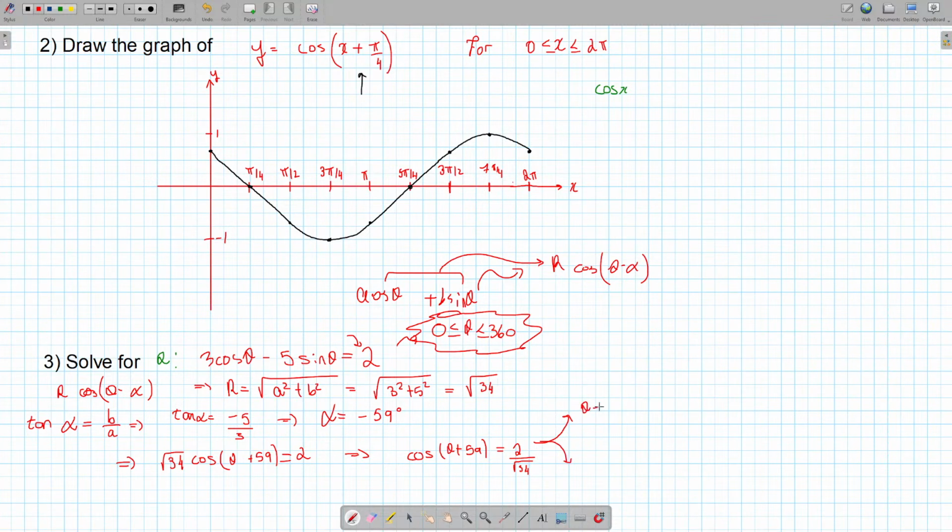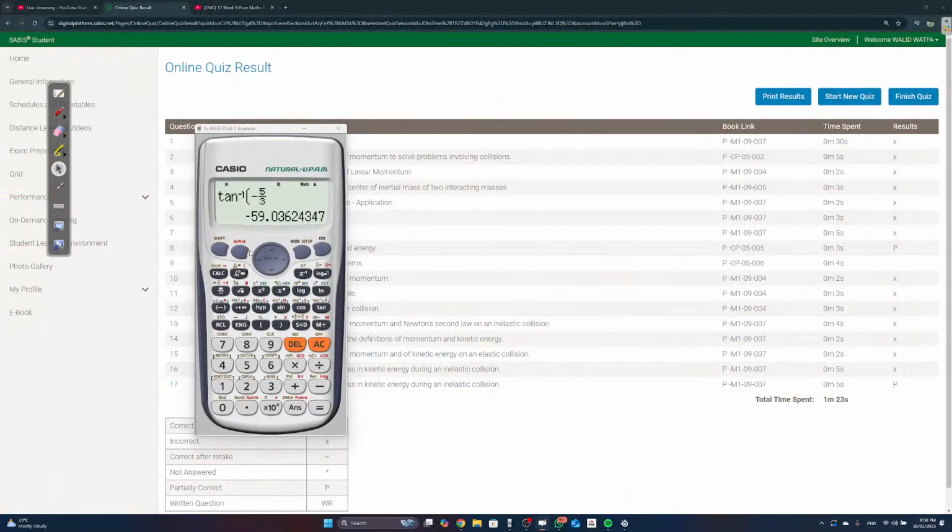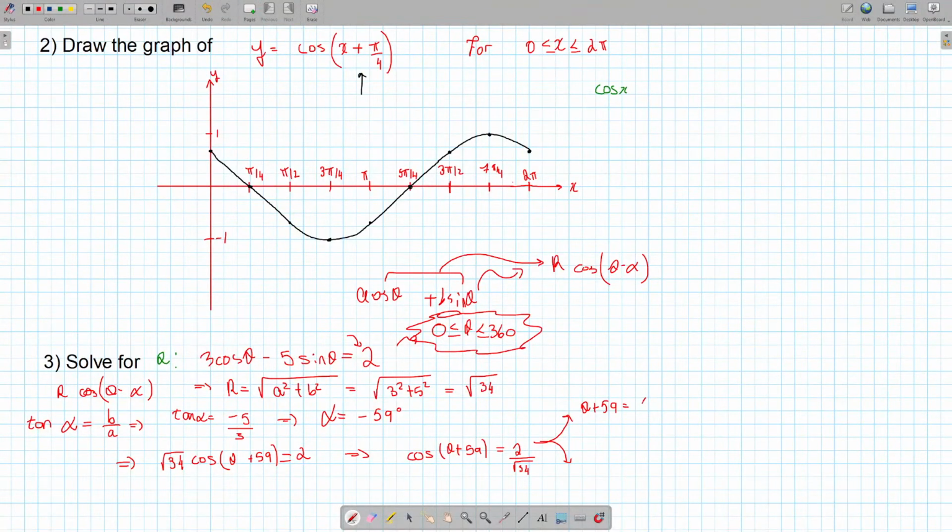First, theta plus 59 is equal to, let's do shift cosine 2 over root 34. Shift cosine 2 over root 34, you're going to get 69.9 degrees. And then always with cosine, you take the negative. If you take negative 69.9, it's going to be wrong. Why? Because it doesn't fit in the domain.